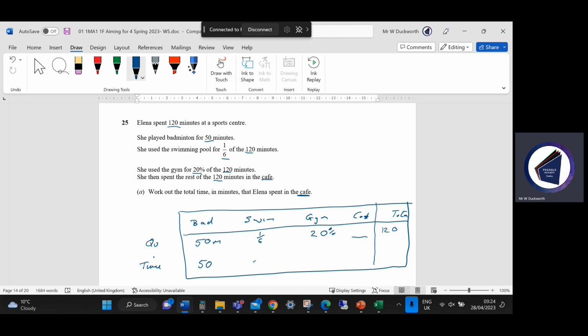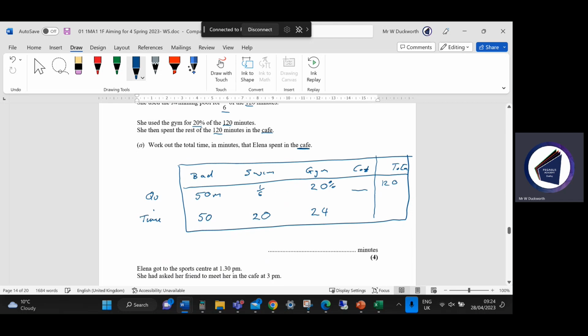So she spent 20 minutes swimming. 20%, well, 10% would be 12, so 20% would be 24. So we've so far spent 50, 60, 70, 80, 94 minutes. So she's got 24 minutes left to spend in the cafe.